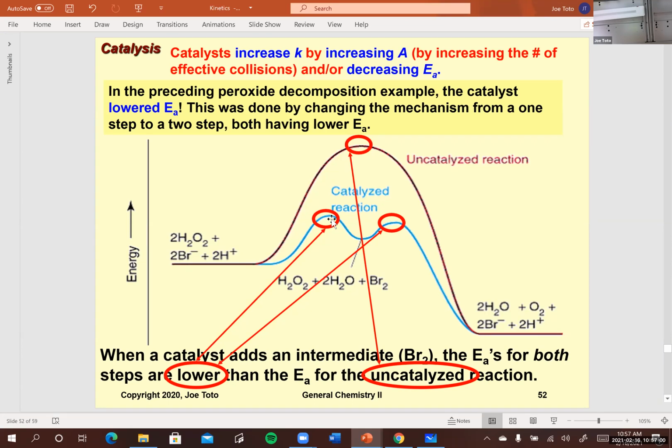The first one is larger than the second. So guess which one is the slow step? The second? No, the first. The first has a bigger EA than the second. Oh, right. That makes sense.